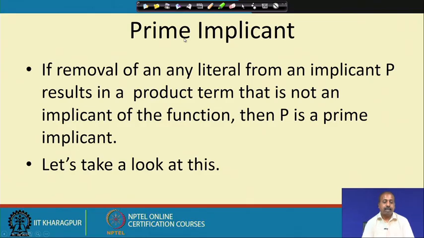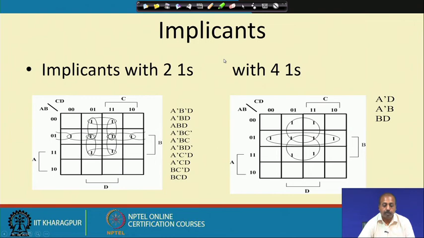A prime implicant is one where if you remove any literal from the implicant, it will result in a product term that is not an implicant of the function. In that case P is called a prime implicant. Implicant means something that generates some 1. Now, if you remove some term and it leaves some of the ones uncovered, then it will be called a prime implicant.